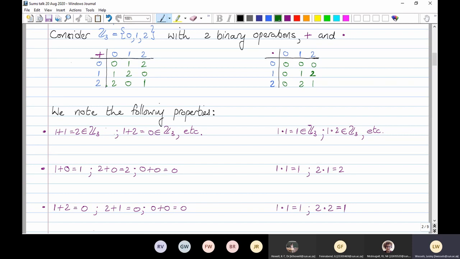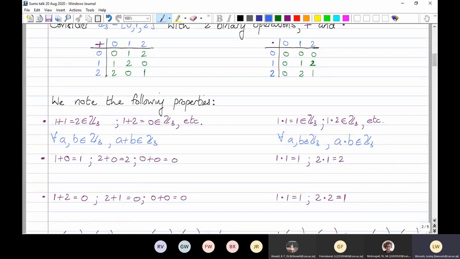So in other words, for all A, B in Z3, A plus B is back in Z3. And exactly the same for multiplication: for all A, B in Z3, A times B is back in Z3.